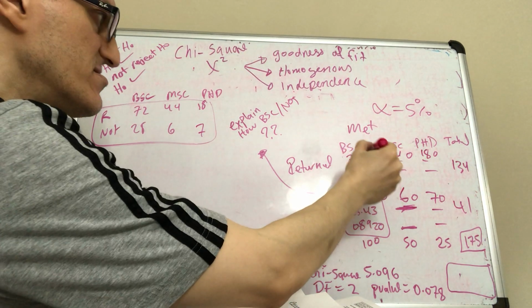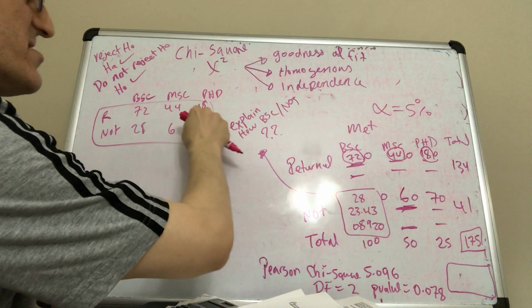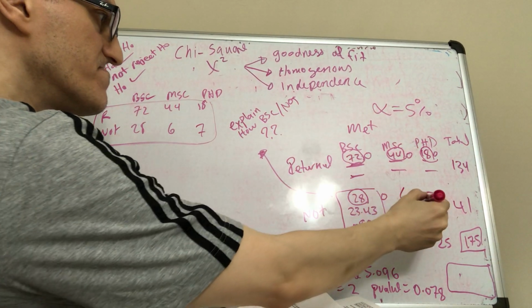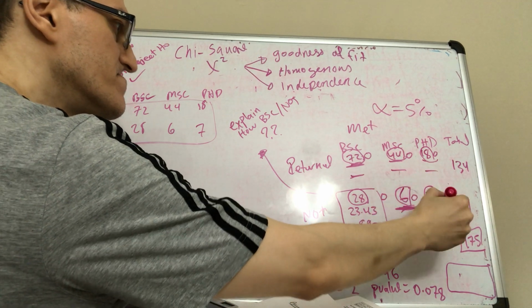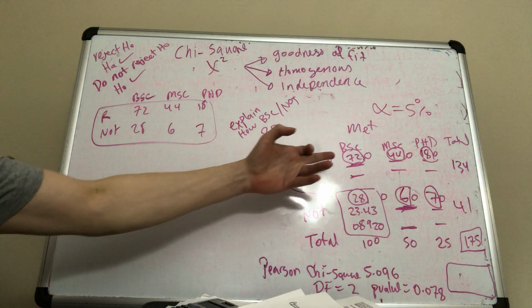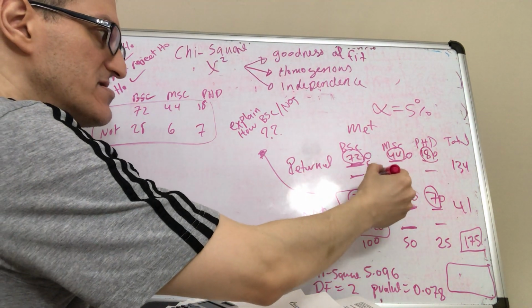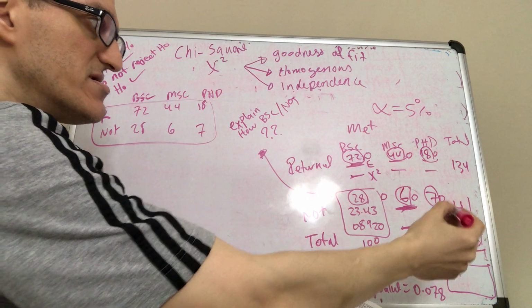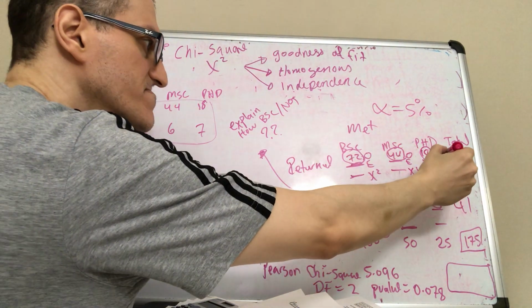So all of these numbers are the observed numbers. So that's what the first number is. The second number is the expected, and the third number is chi.